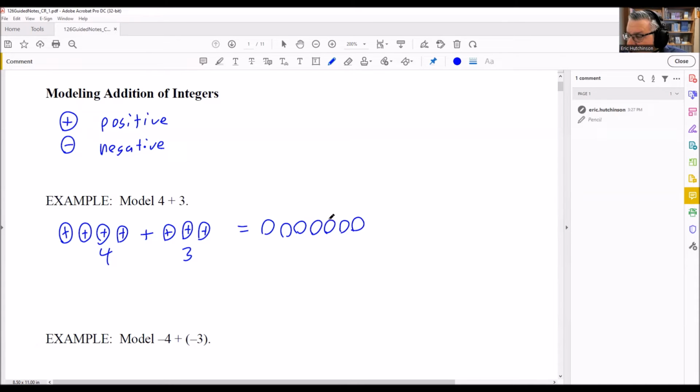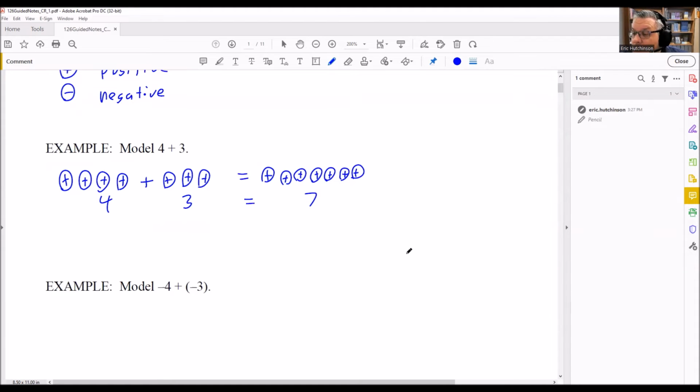We get 4 of these and 3 of those. These are all positives, and that equals 7. So I have 4 plus 3, and that's going to equal 7. And so that is your answer. And that's how you'll show this by using modeling.